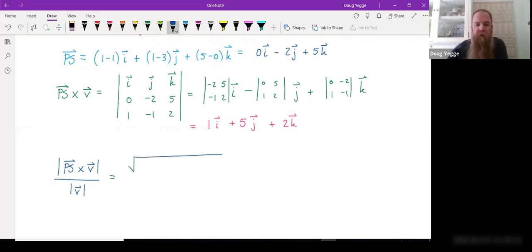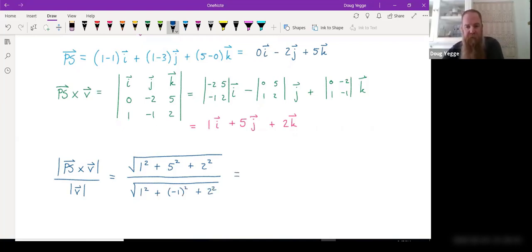So this is the square root of 1 squared plus 5 squared plus 2 squared over the square root of 1 squared plus negative 1 squared plus 2 squared. On top, that gives me the square root of 30. On the bottom, that gives me the square root of 6. And if I divide, I end up getting the answer of the square root of 5. So the square root of 5 is the distance between the point and the line.